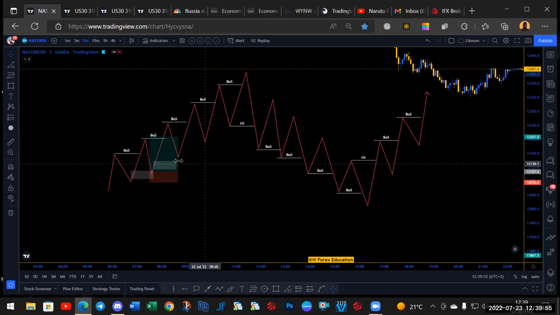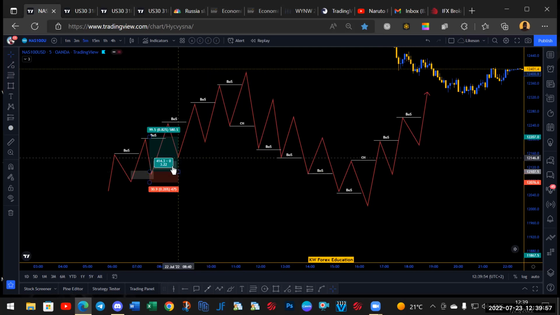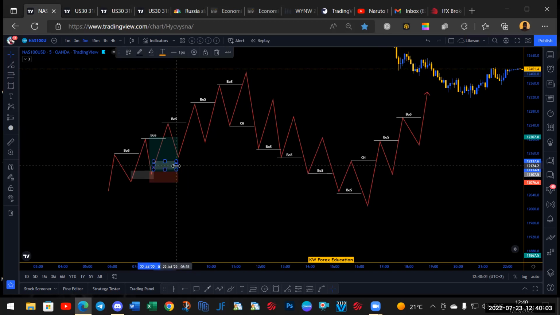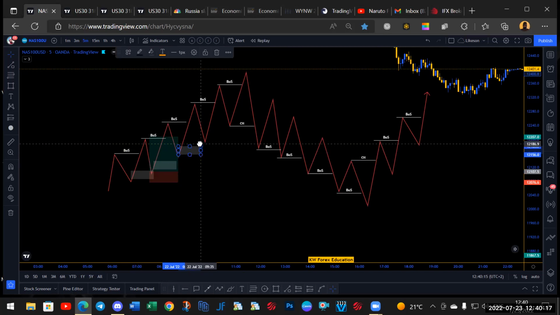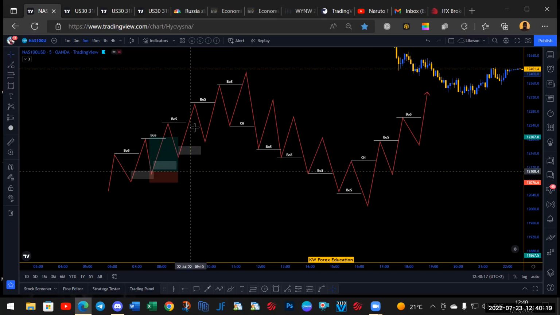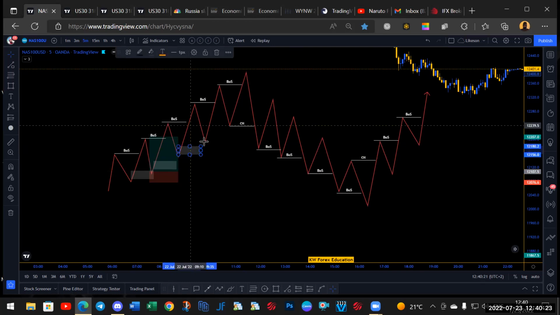Now, there are times when it does not even come here again, and then it creates a new break of structure. If it doesn't come to the order block you marked here, but just comes near it, and then goes on to create a new break of structure, you mark another order block or demand that caused that other break of structure.